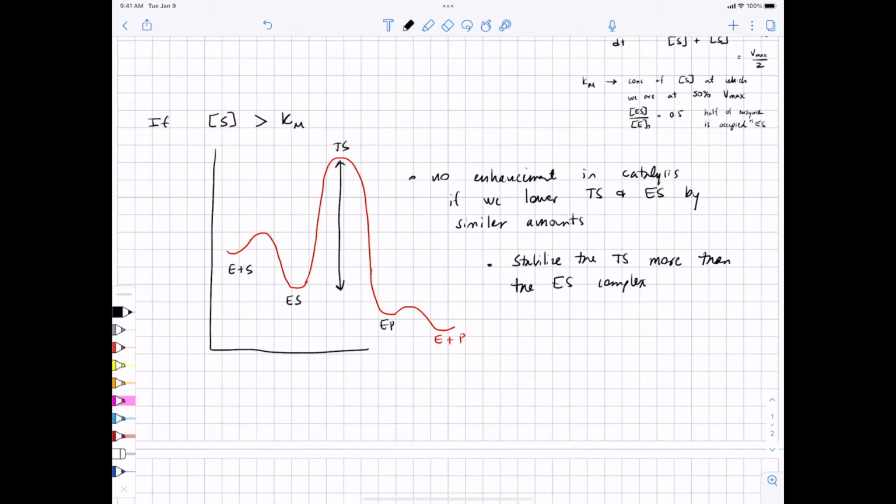So your intuition about needing better binding affinity is true to a point, but beyond a certain point, if you lower the free energy of the enzyme substrate complex and then lower the free energy of the transition state by a similar amount, that new activation energy is exactly the same.